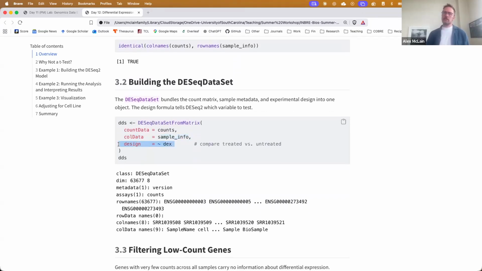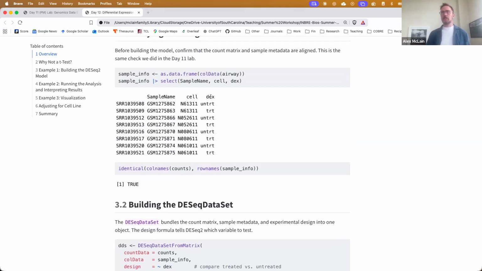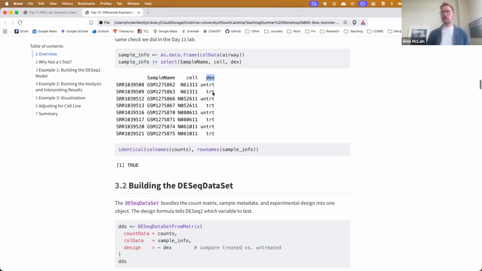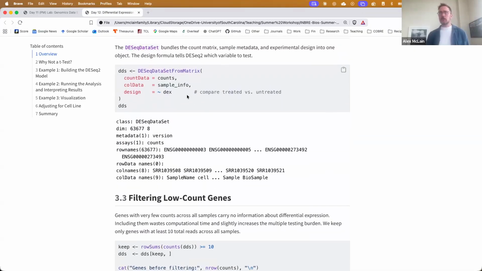And then the design matrix. This is where we tell the DESeq function how to model this data. So dex is a variable in the sample info that tells us which of the samples are untreated and which of the samples are treated. We can add other things to this design matrix, which we will do later on.